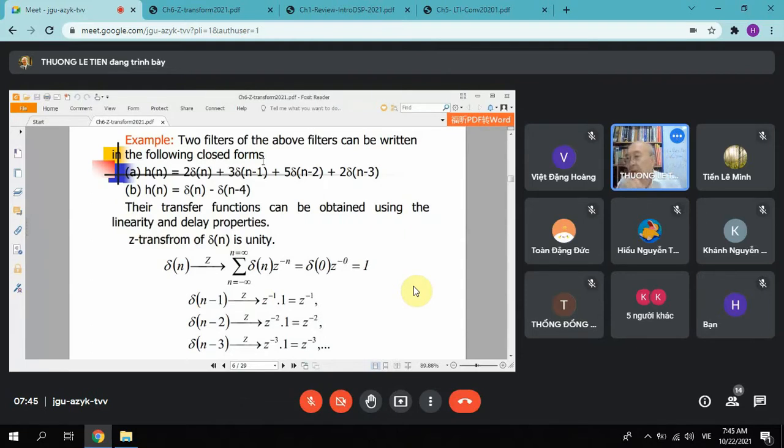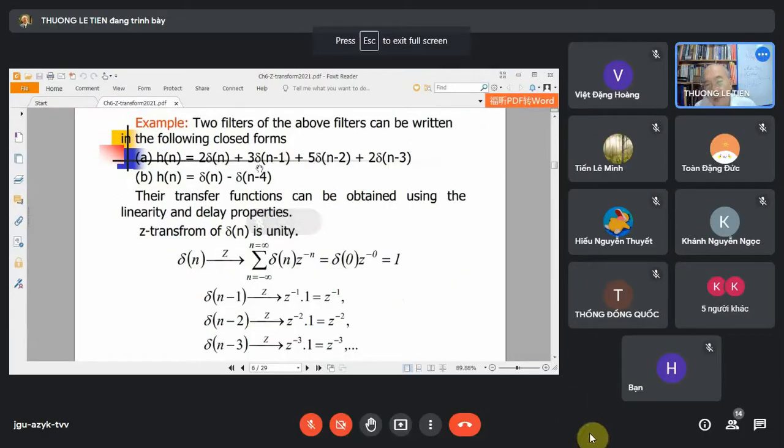Try to remember, because later on when you work with the tutorial or the exam, sometimes the question would ask you to write down the closed form of the transfer function, or the closed form of the impulse response. So you have to provide the appropriate solution. And here we get the closed form for the FIR filter.